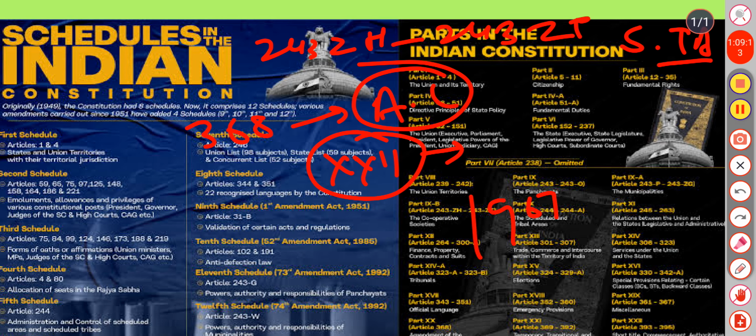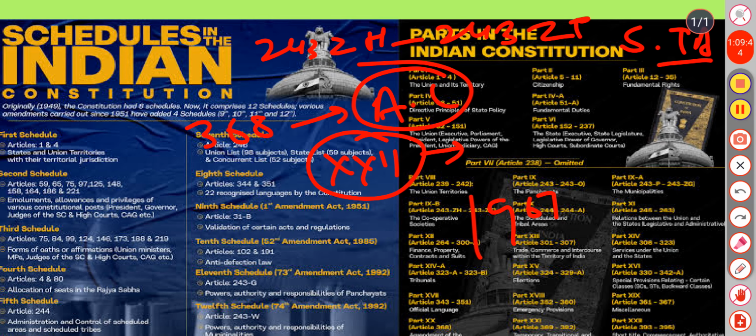So in this the preamble was not a part of the constitution, it is said, okay, and Supreme Court held that the parliament had no power to amend any of the provisions of part 3rd, that is fundamental rights, and the Indira Gandhi government in 1971 carried out the 24th amendment with a view to asserting the right of the parliament to amend any part of the constitution, right?